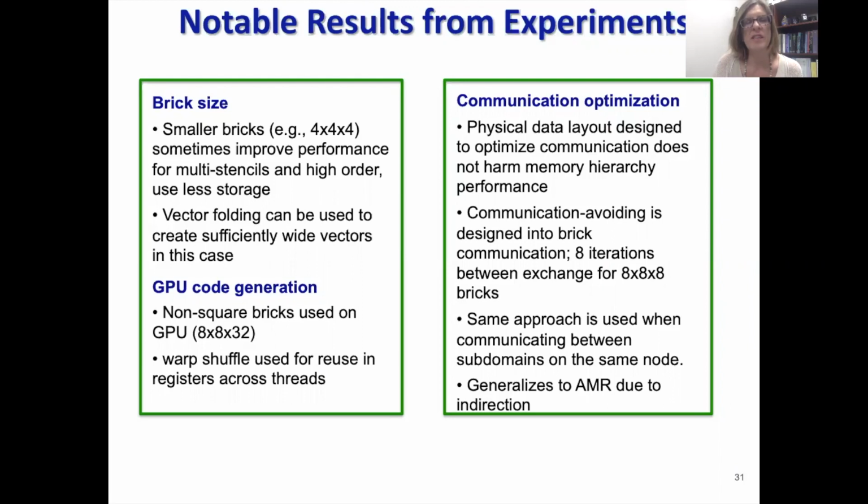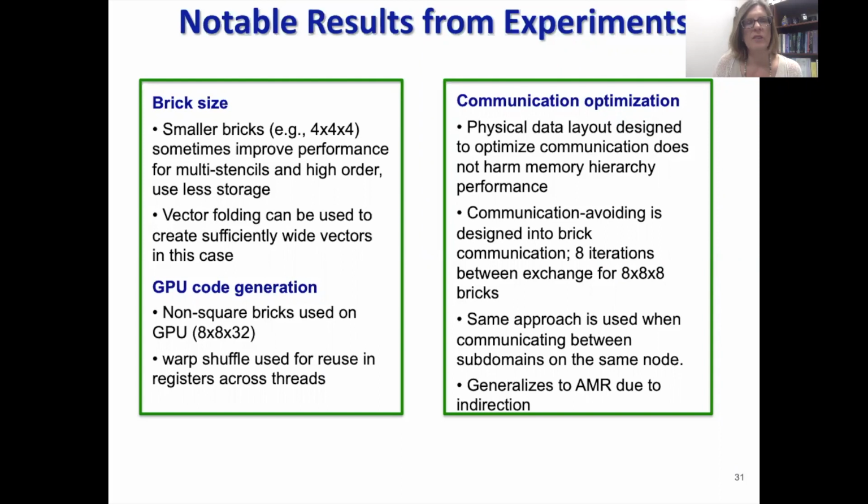The reason for this is that they use less storage. Once you have a lot of stencils, they're competing for the same resources, and so it's beneficial to reduce the footprint of the stencils so that you can get them to fit in registers and cache.